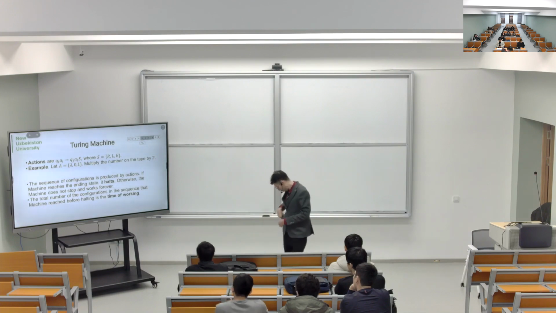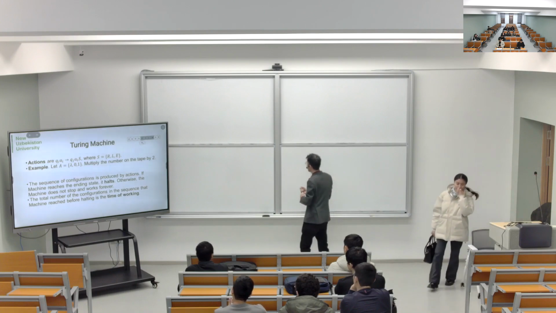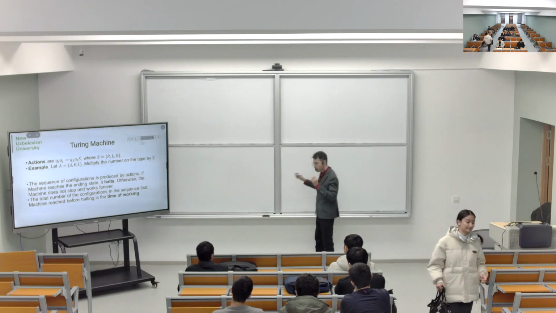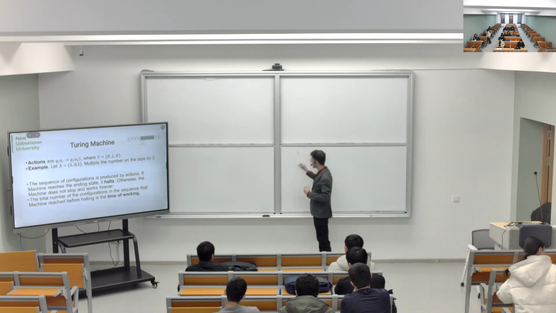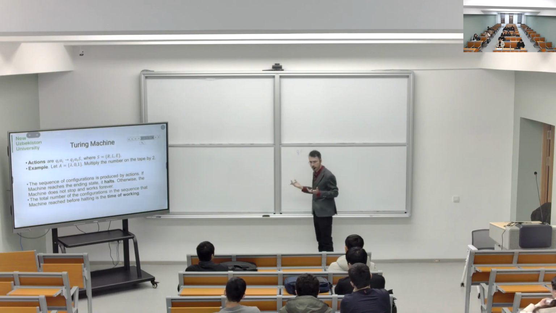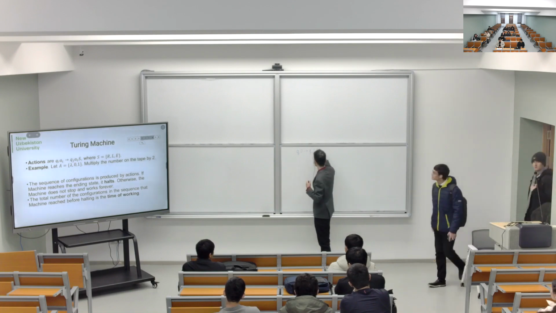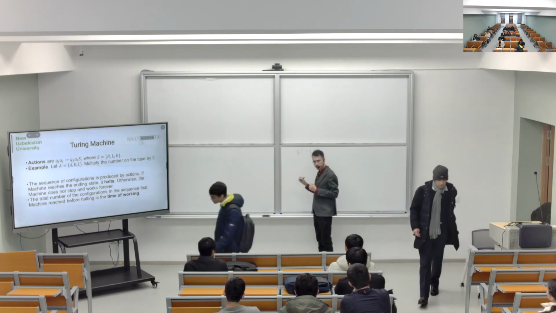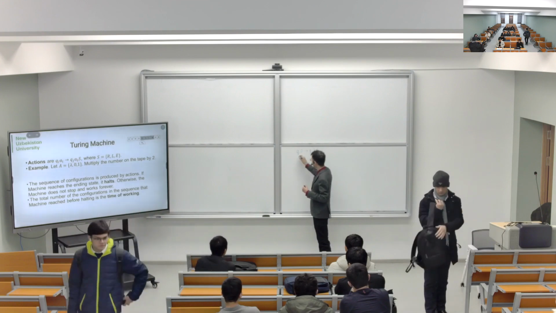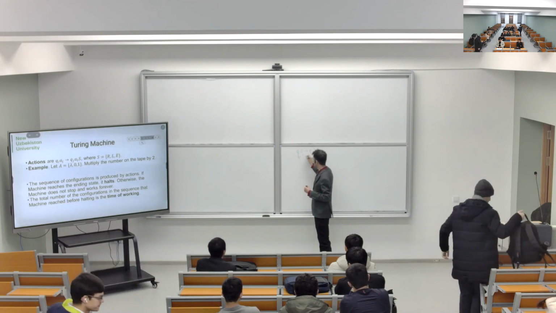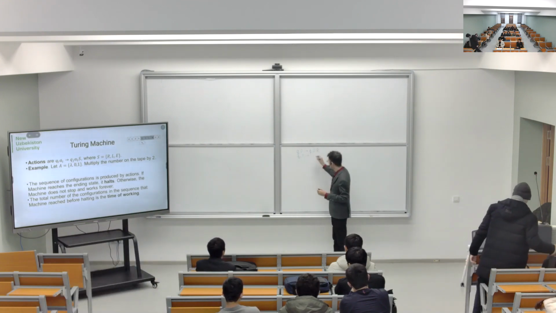So let's write the command. So Q1 is the first state. Yes? So if it sees 0, does it change 0? If it sees 1, the same, just here we will have 1.